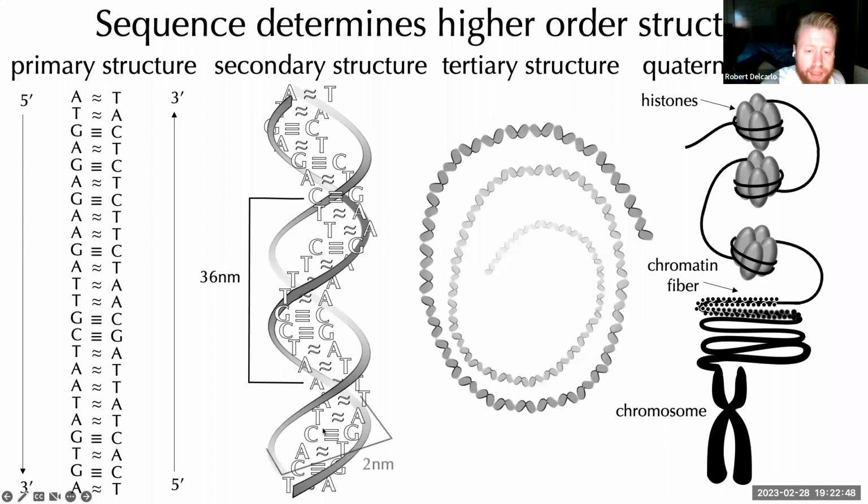We also knew that the width of a single DNA strand is about 2 nanometers. And so if you wrap that 2 nanometer DNA around histones, you end up with a structure that's about 11 nanometers thick. If you condense those into chromatin fibers, you end up with something that's about 300 nanometers thick.